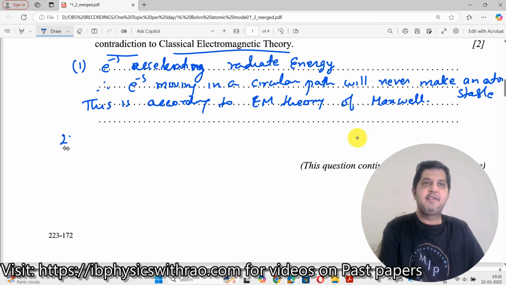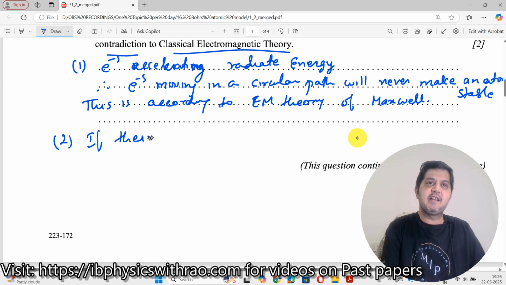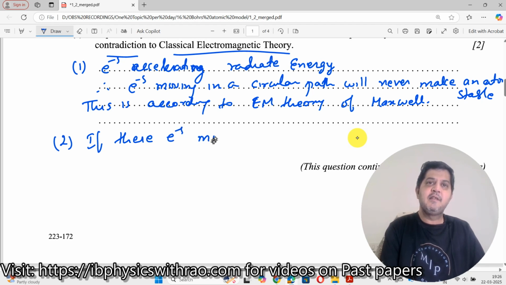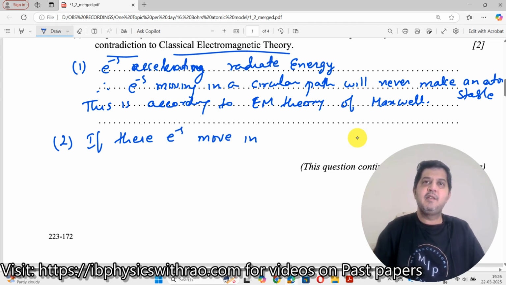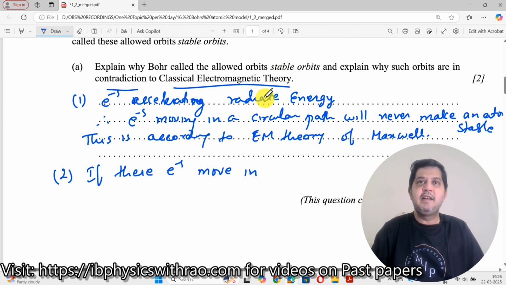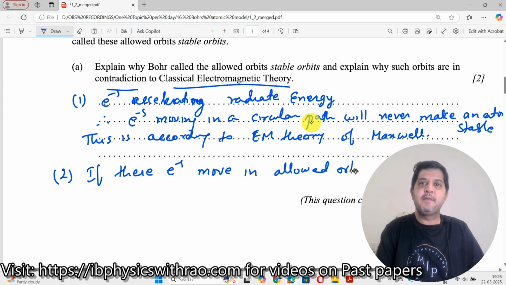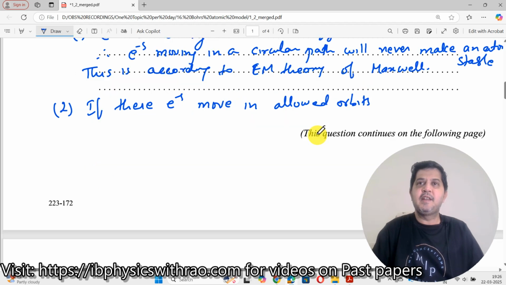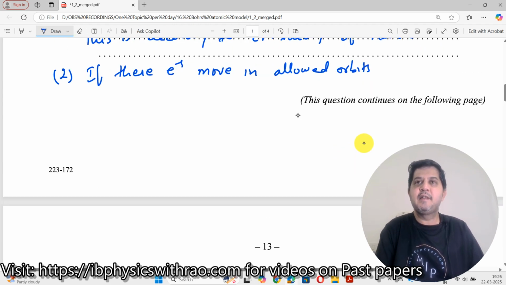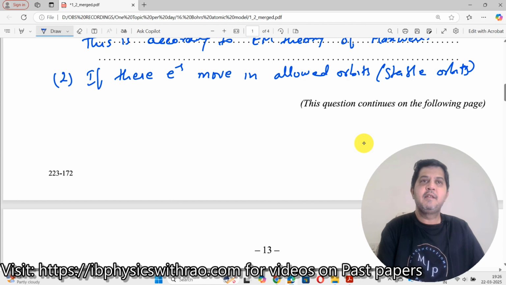Then second mark. Now if these electrons move in what kind of orbit? Yes, I told you, in allowed orbits known as stable orbits, they will not radiate energy.